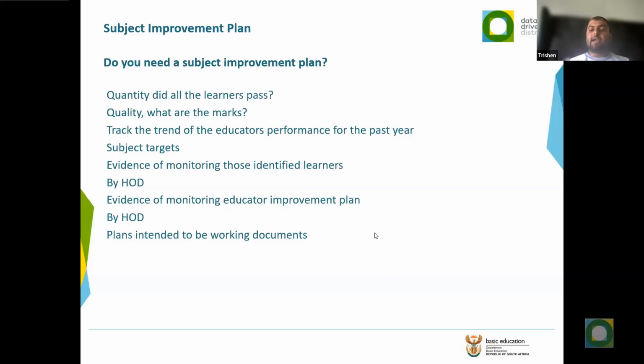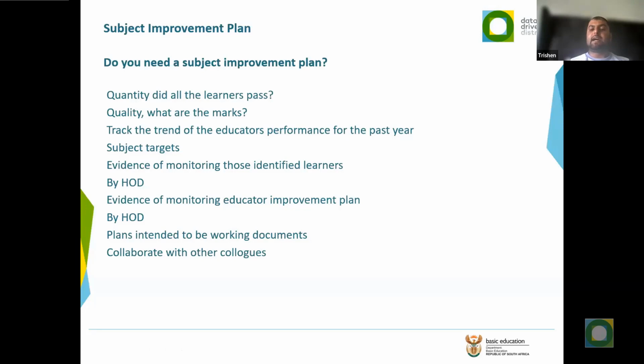Or am I going to advise school SMTs to relook into my subject allocation? We have, and we know we are experiencing this, people that are teaching the right subjects but in wrong grades because it's a wrong allocation of subjects. So what's important is to relook into the allocation of subjects.